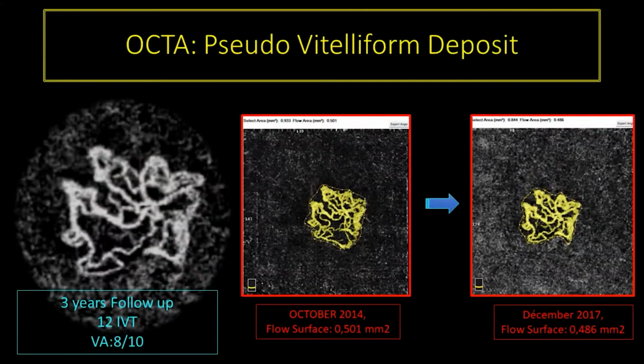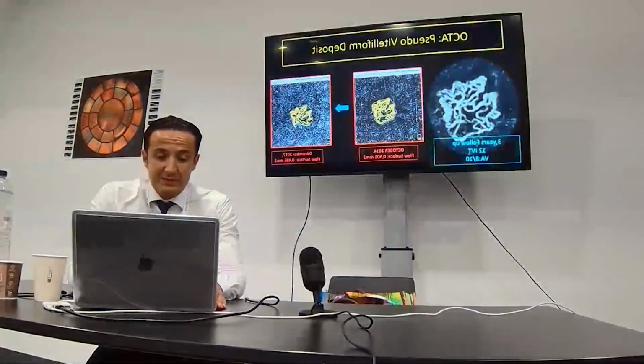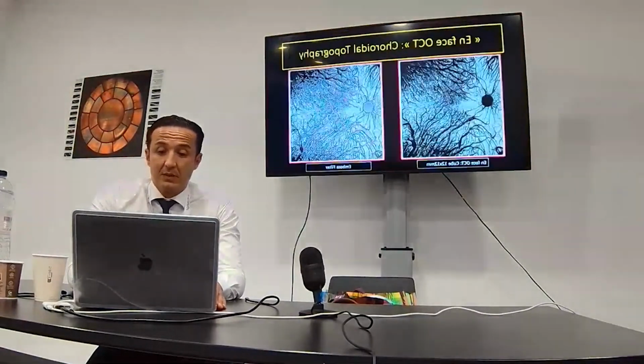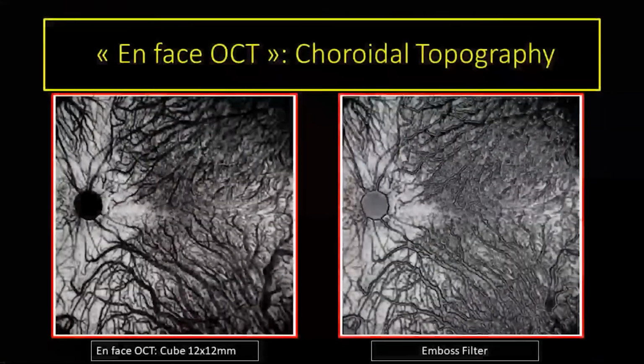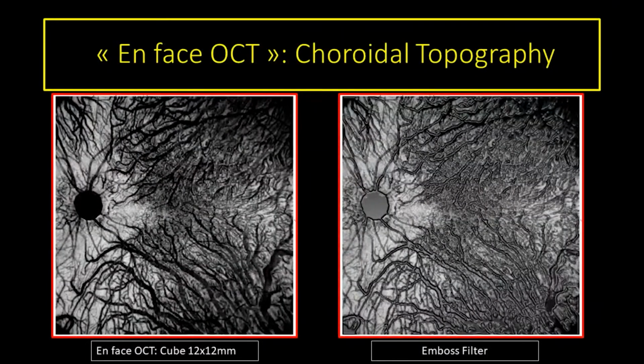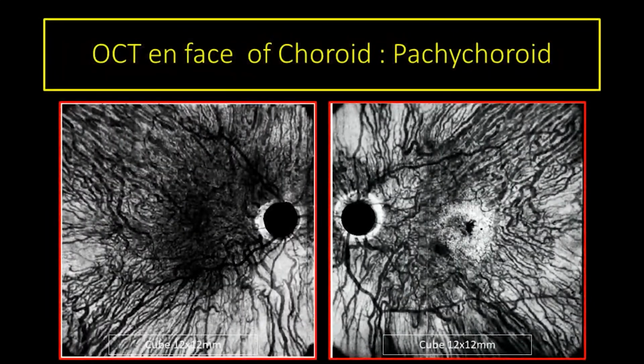The CNV is not always in wet AMD, and sometimes you have CNV in chronic CSC or in a pachychoroid spectrum, and you have to use en-face to have a choroidal topography. This is an en-face OCT obtained by the OCT angiography cube of 12 by 12, and you can analyze the topography of the vessel. And look here, a pachychoroid spectrum in the left eye.